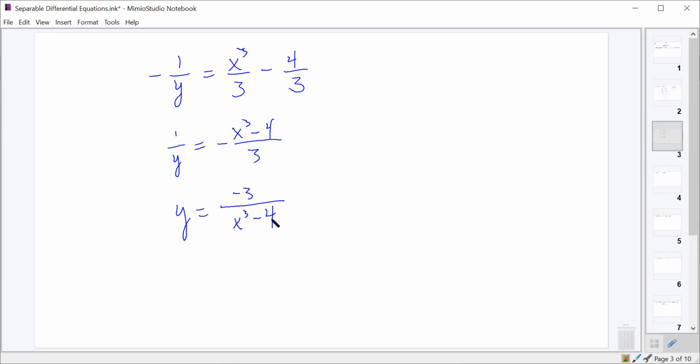Now we're not quite done here. And why are we not quite done? Is it because there's an x in the denominator, so it can be undefined at some value? Exactly. We still have to find the domain restrictions and state an interval of validity. So we know that x cubed minus 4 cannot be 0, because that would mean we're dividing by 0.